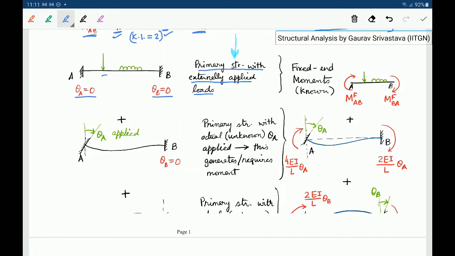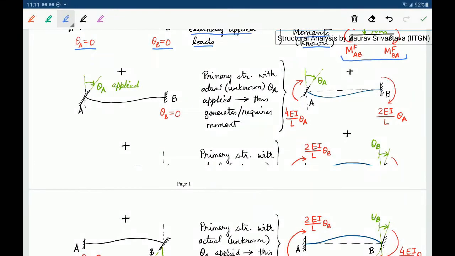We know that this gives rise to the so-called fixed end moments, and these are known. These can be calculated, and we are terming them MFAB and MFBA. Again here we are using a positive clockwise sign convention. These fixed end moments can either be calculated or be seen from a table available in most textbooks. So this is the first case.